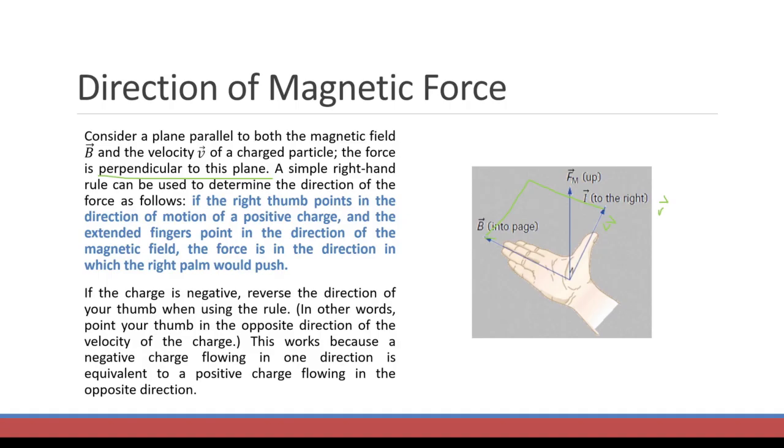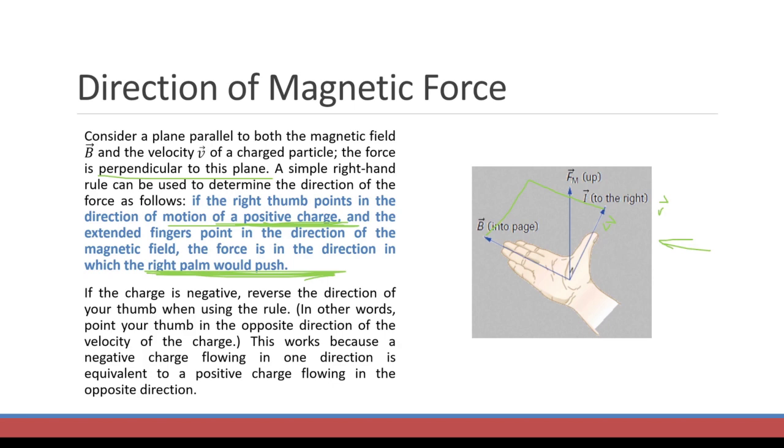Well, a simple right-hand rule can be used to determine the direction of the force. If the right thumb points in the direction of motion for a positive charge, and the extended fingers point in the direction of the magnetic field B, the force is in the direction in which the right palm would push. So that's this example here.